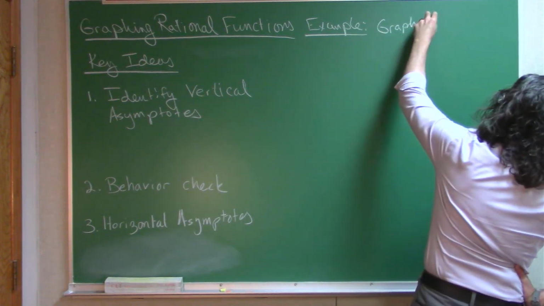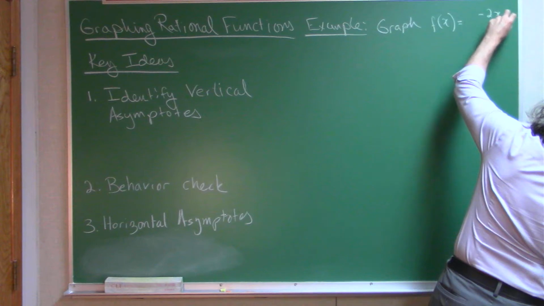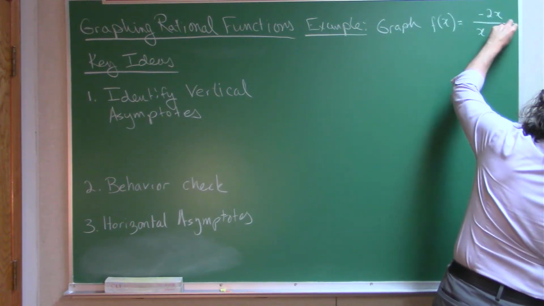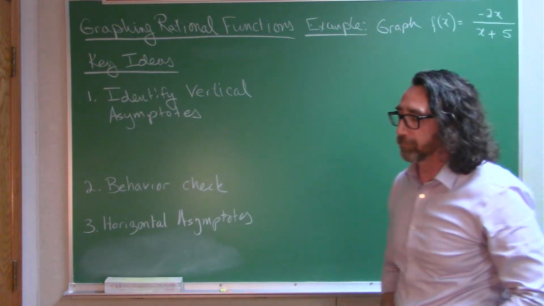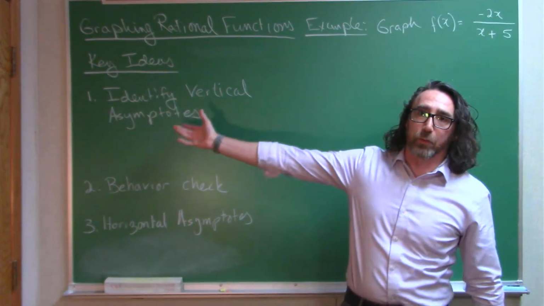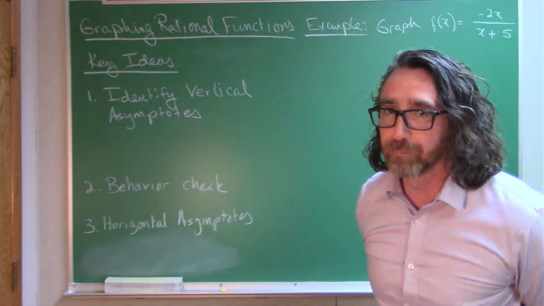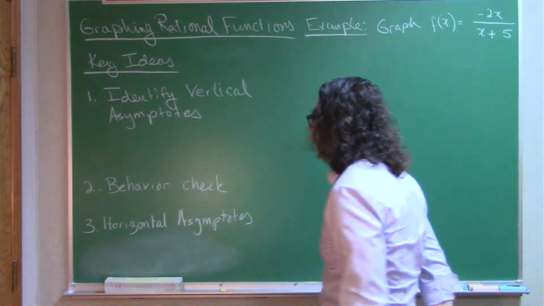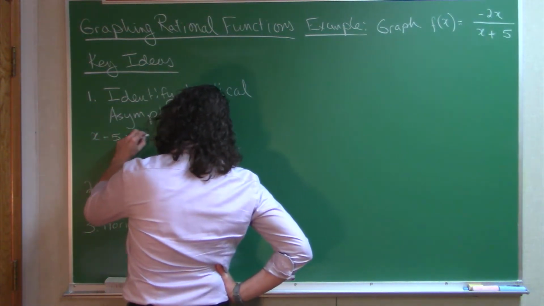And we'll graph f of x equals negative 2x over x plus 5. Okay, so to find my vertical asymptotes, I hone in on the denominator of my function. So x plus 5 equals 0. What x value makes that true?